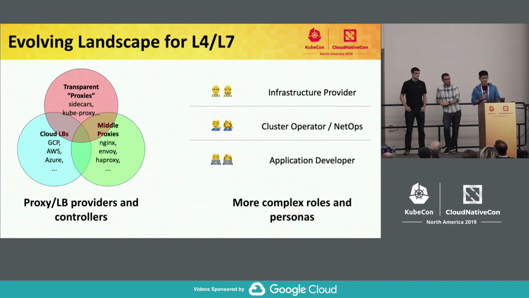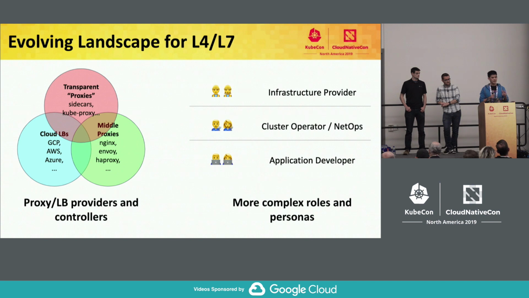As an example, some of these personas may be an infrastructure provider. This is someone who owns the cloud environment, for example, setting up the cluster environment itself. Then there is the cluster operator who operates the cluster and enforces policies globally across the cluster. Or maybe NetOps who enforces policies across all of networking. And then finally, we have the empowered application developer.